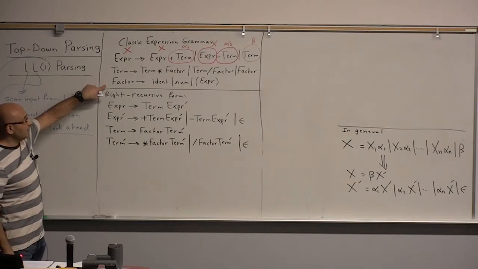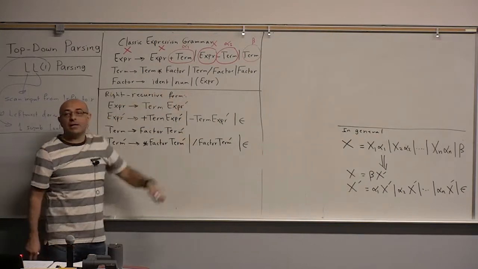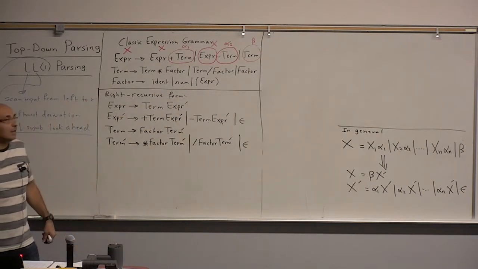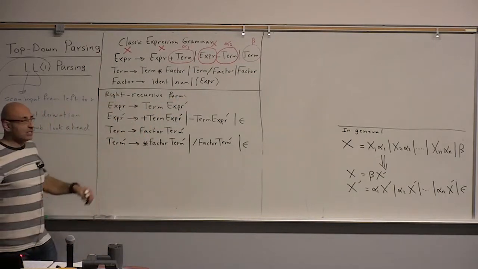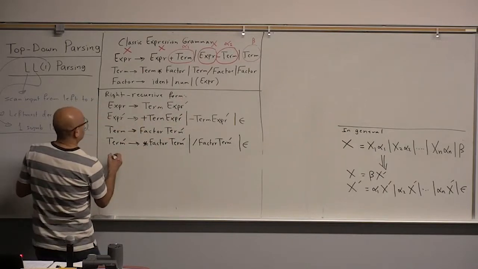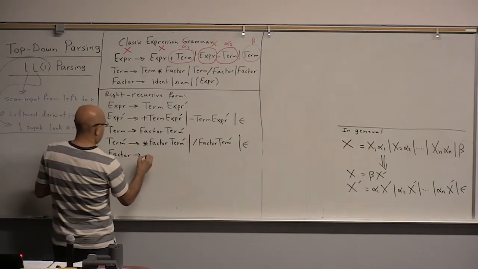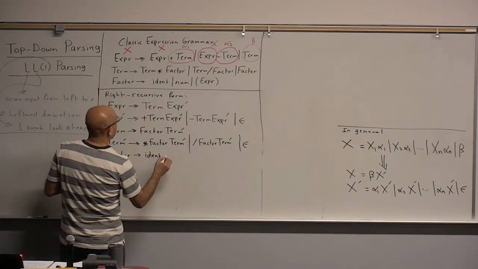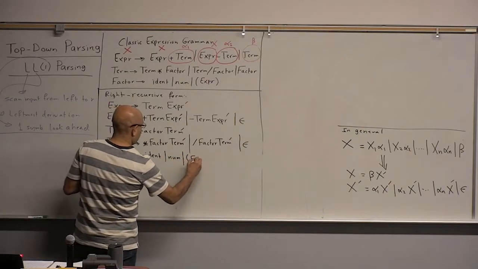Now, how about factor? Does it have any left recursion? No, factor does not have left recursion. Factor does not appear on the right-hand side. We don't have recursion at all. In fact, we have indirect recursion here because we have expression, but it's not a direct recursion. So factor stays the same: identifier or number or expression.